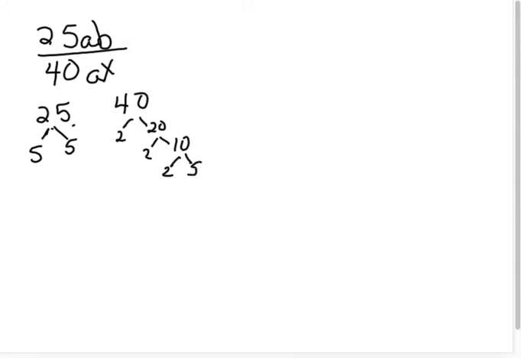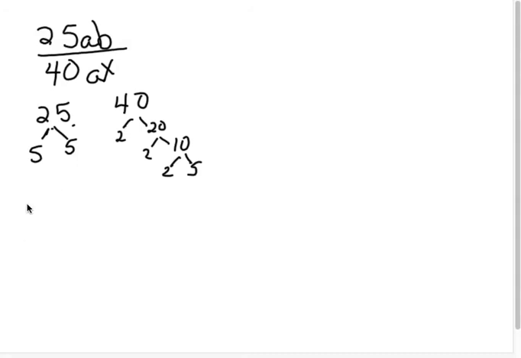Now, if you can do this in your head, that's great, and that's a really useful tool. But for now, I want everybody to be writing out their factoring trees, because when you get into much, much bigger numbers, you really need to have that skill, and you need to be able to factor without even really thinking about it. So it's really going to help your mental math quite a bit.